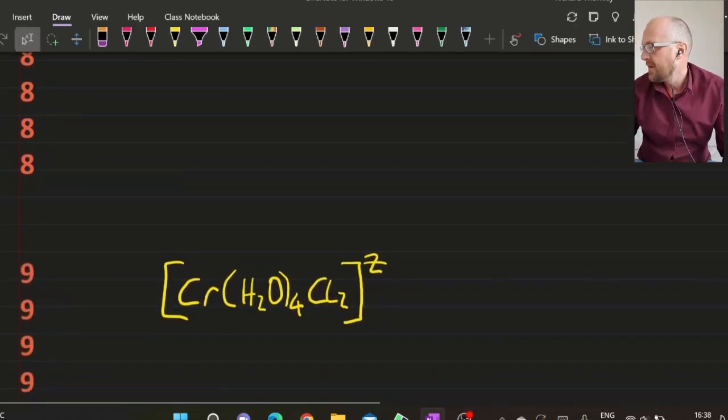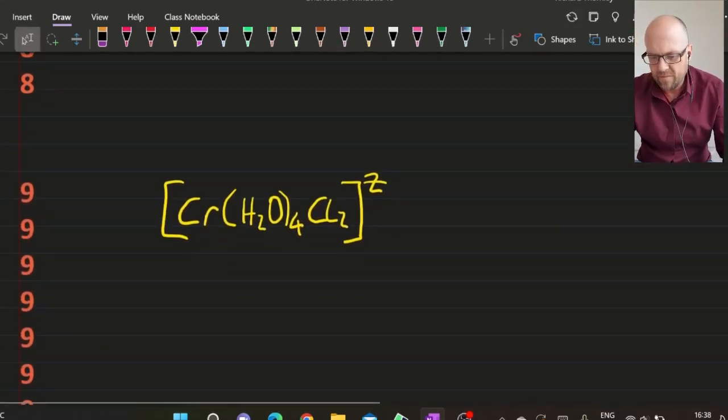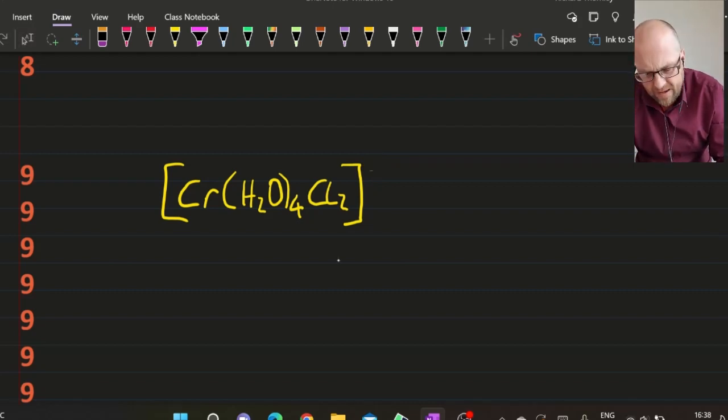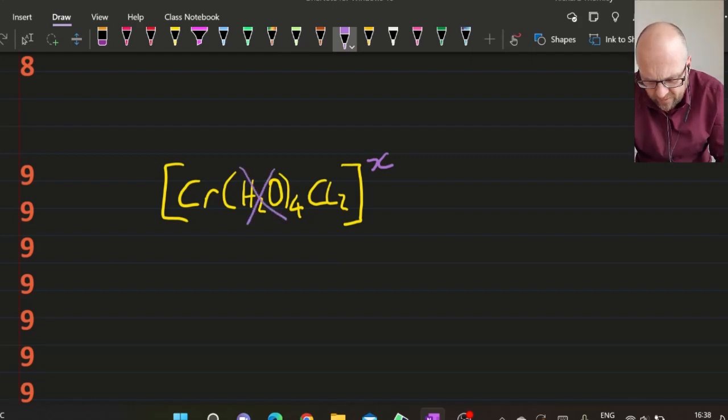9. What's the overall charge of the chromium complex? Oh, I put Z, it should be X. All right, so water's neutral, so I can ignore the water. Chlorine, well, it's chloride.